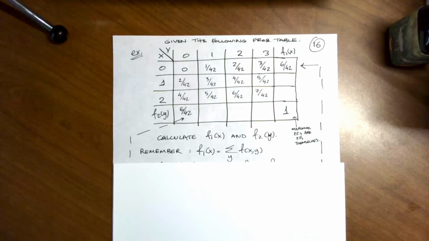Let's look at the now familiar probability table that we can get from a joint PF or PMF, probability mass function. We've seen something similar before.